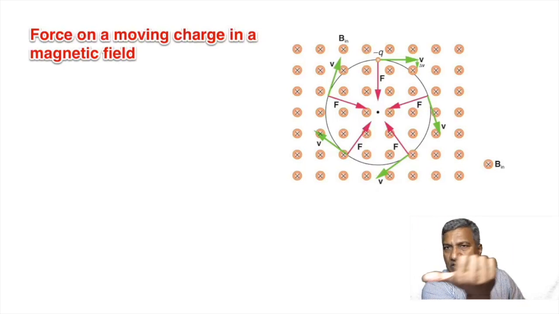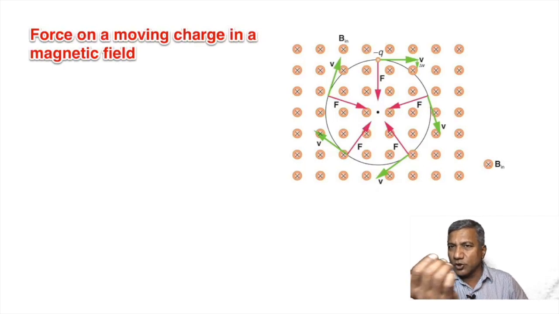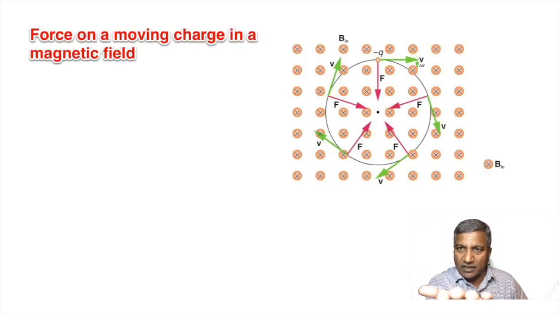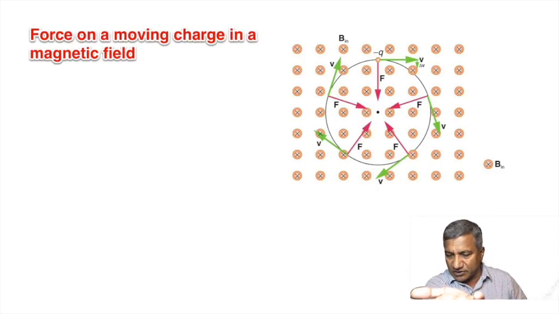the direction of the velocity, it's moving that way, and remember that the fingers have to show the direction of the magnetic field, which is that way, and then when you flip the fingers, it has to show the direction of the force. But do not be confused.